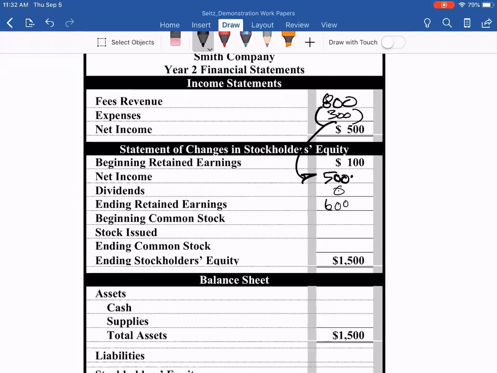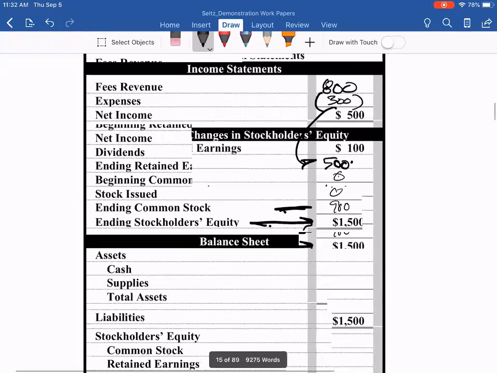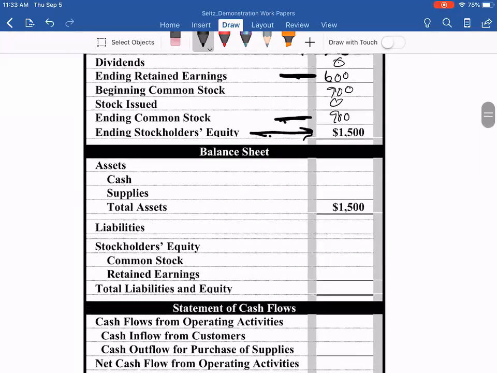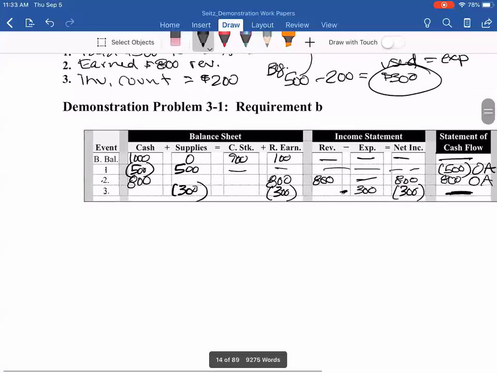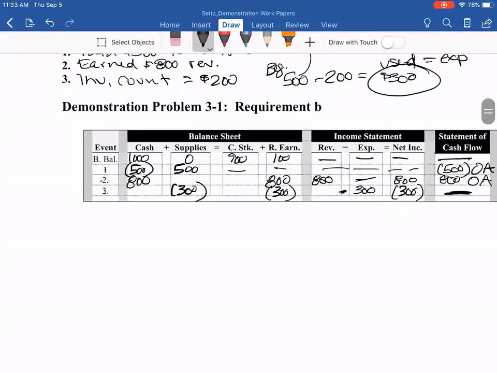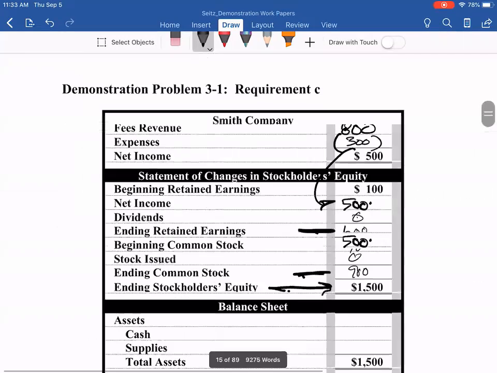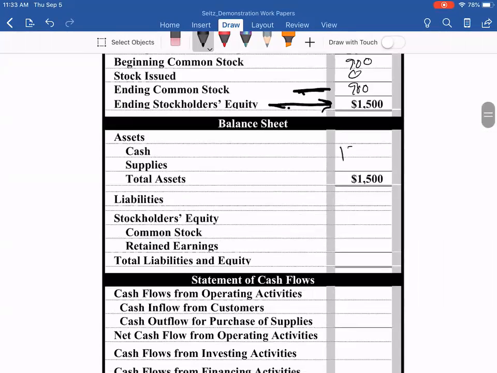My beginning common stock was 900 given in the problem. I didn't issue any, so my ending common stock would be 900. So beginning retained earnings plus 900 here equals my ending stockholders' equity of 1,500. Now at the end of the time period, we have an ending cash balance. I didn't do the math, but if you were to prepare an ending cash balance, you would see that the ending cash balance would be 1,300.